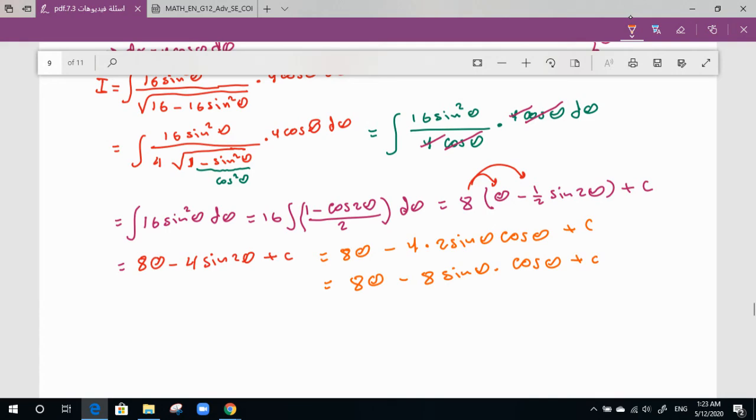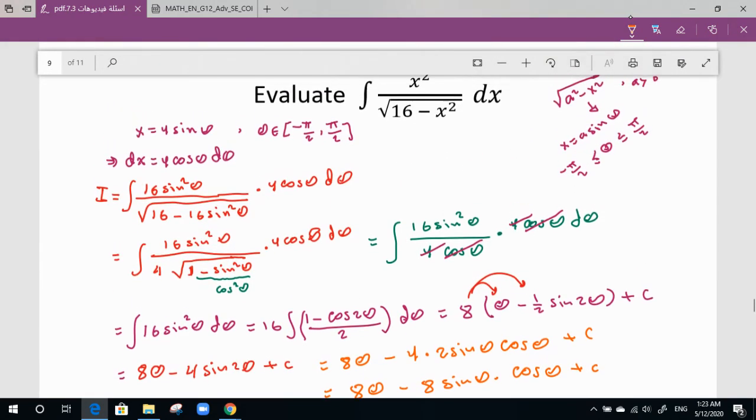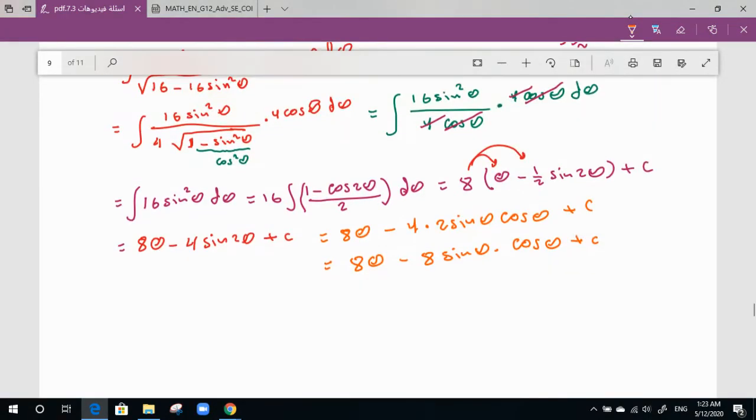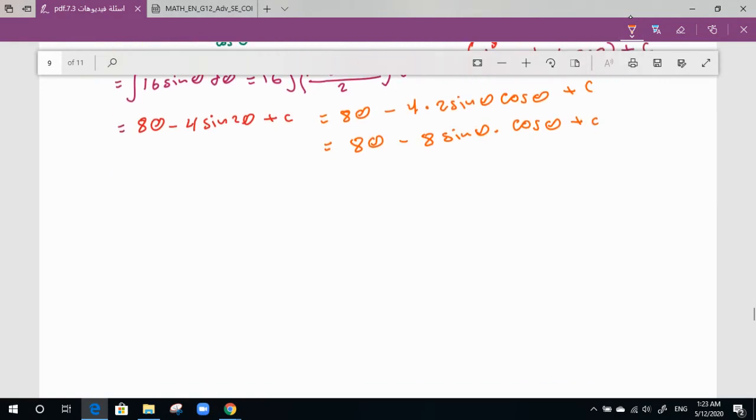My question is in terms of x, so I must change the terms of theta into terms of x. Now I will bring the right triangle and work on it. This is my right triangle, and this is my angle theta.